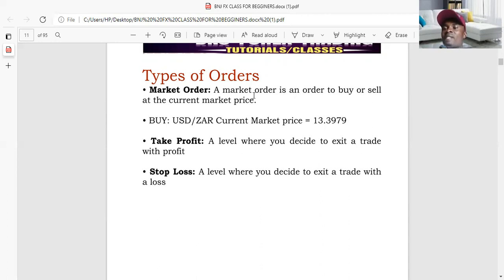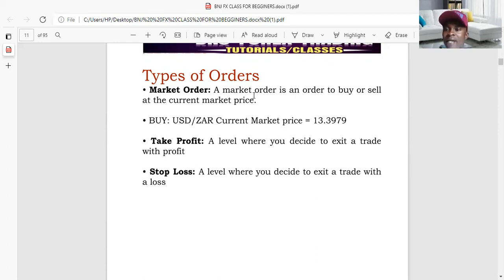When we get to the practical aspect of this class, I will show you how a market order looks like, how to place a market order and all that. But in respect to where we are now, we said a market order is an order to buy or sell at the current price.